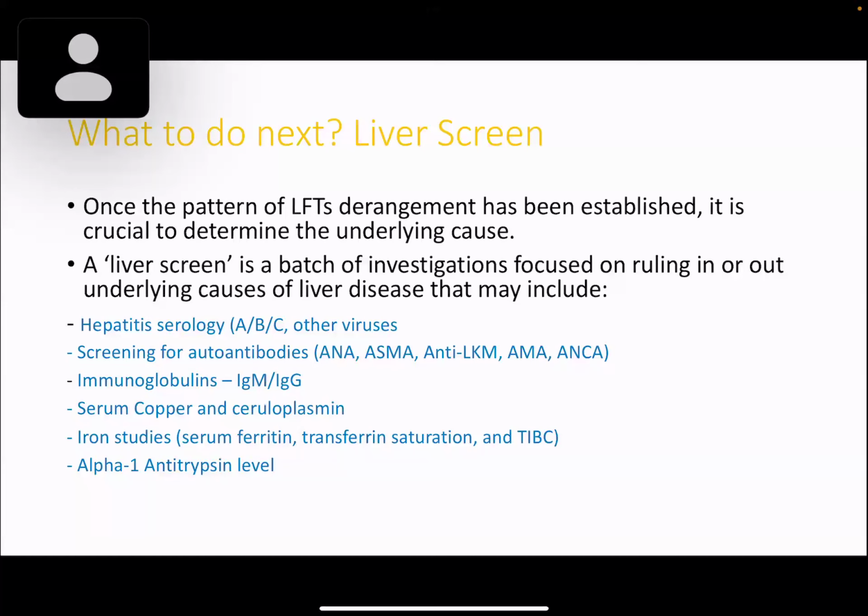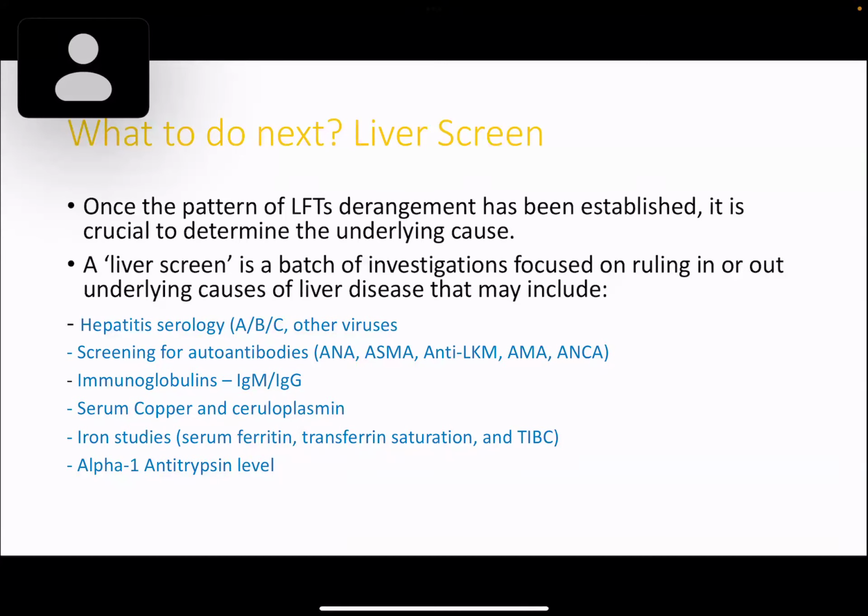All these investigations we call the liver screen. The main purpose is to look for the underlying cause of the abnormal liver function test.